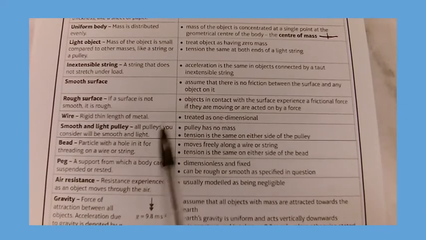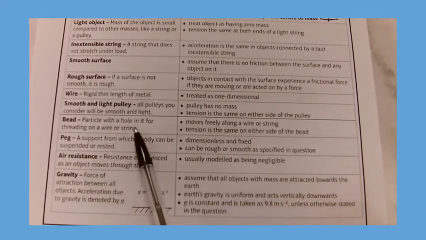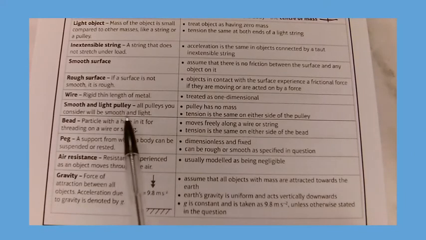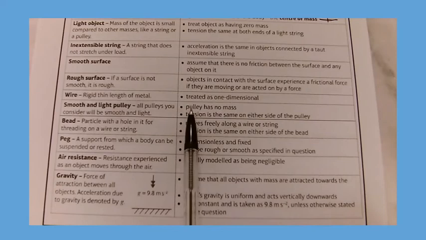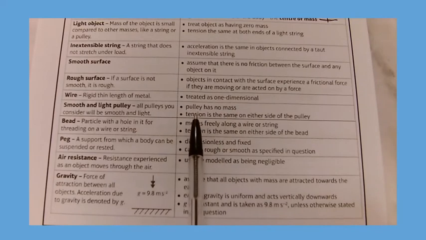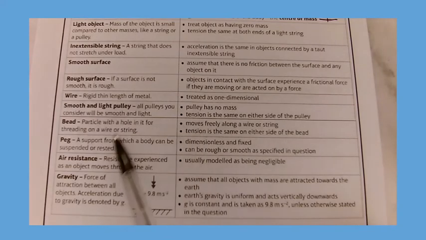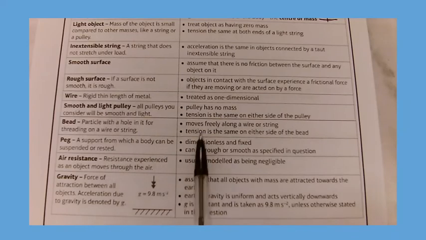We treat it as one-dimensional. A smooth and light pulley, you'll see this in Mechanics 1. All pulleys you consider will be smooth and light, i.e. the pulley has no mass, that's the light aspect, and the smooth means tension is the same on either side of the pulley. A bead, again, not very common across the course, neither is a peg, but the assumptions are there.